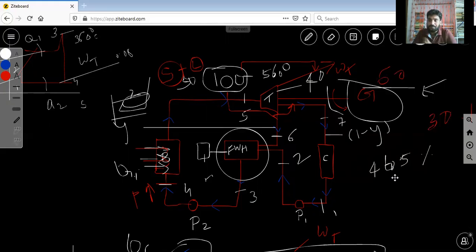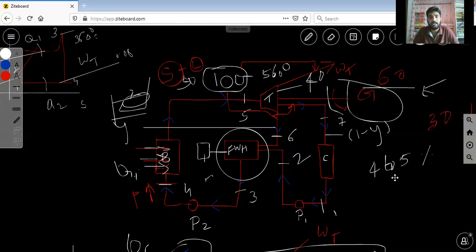Another advantage is that it controls the mass flow rate of steam at the final stages of the steam turbine.